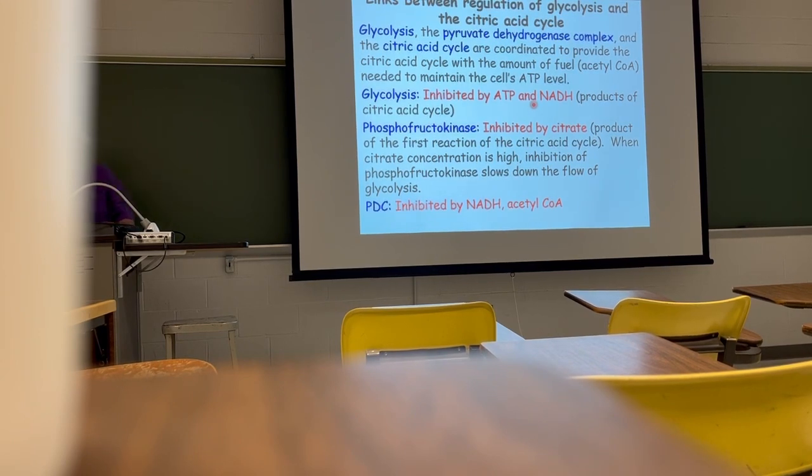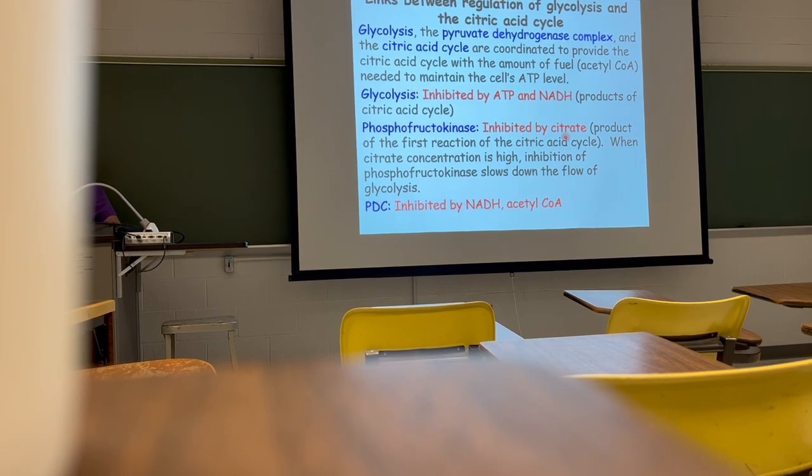Phosphofructokinase, right? The third enzyme in glycolysis is this most important regulatory step. It's inhibited by ATP and NADH. It's also inhibited by citrate. So that's a connection between the citric acid cycle and glycolysis. So the most important regulatory step in glycolysis is inhibited by the first product of the citric acid cycle.